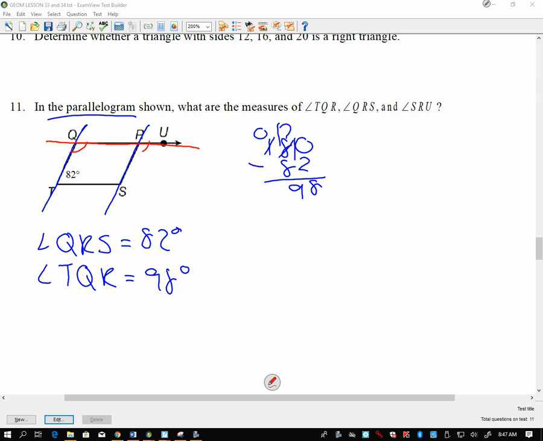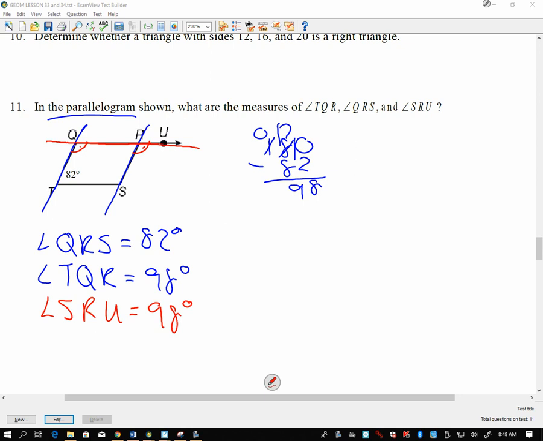What would we call those two angles? Corresponding angles. What do I know about corresponding angles? They're congruent. So what I learned about angle SRU is that it's going to be equal to angle TQR every time. So it's 98 degrees.